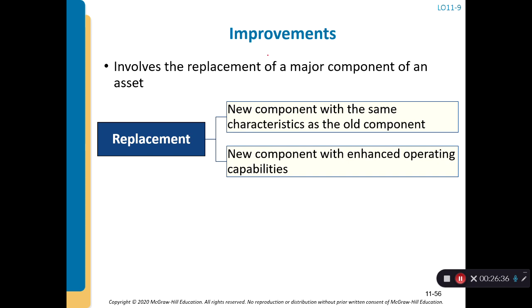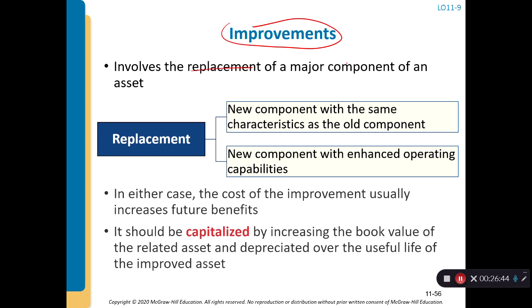And then the second category of capitalization is called improvement, right? It involves replacement of a major component of an asset. The replacement can be considered in two ways. You replace it with a new component with the same characteristics as the old, or you can replace it with an enhanced operating capability.